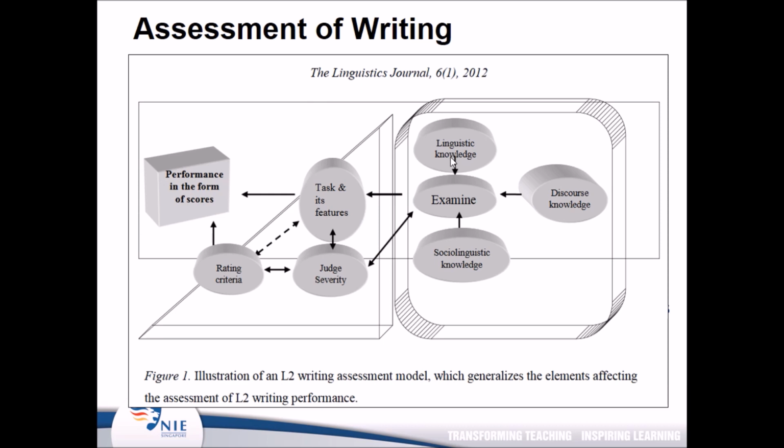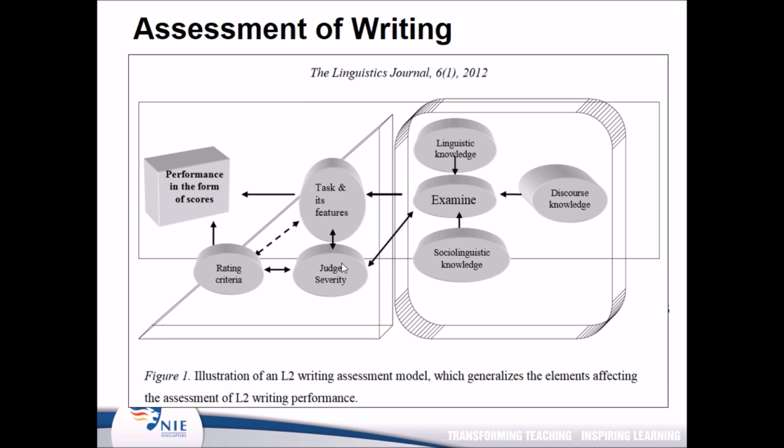That's the text. But the production, I'm afraid, has to go through a filter, which is represented by this triangle. And that filter is all facets that affect the performance of the examinee, which include the task itself and the features, because they affect the examinee. This is pretty much like the environment factor in Hayes' model.